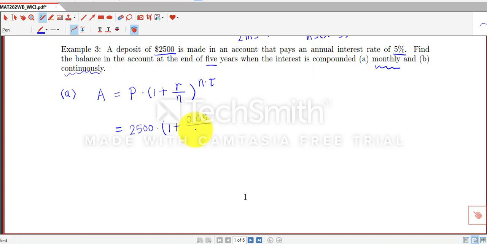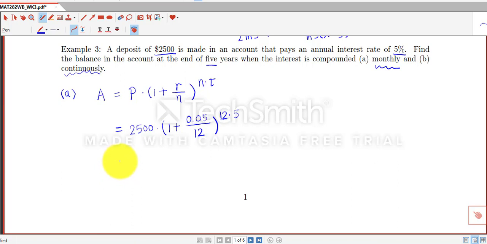Since part A is talking about monthly and there are 12 months in a year, n equals 12. Raised to the n times t power, where t is the time in years, so times 5.